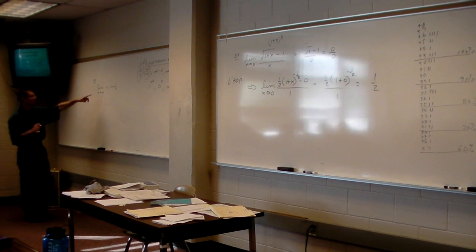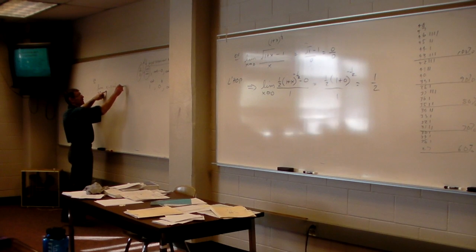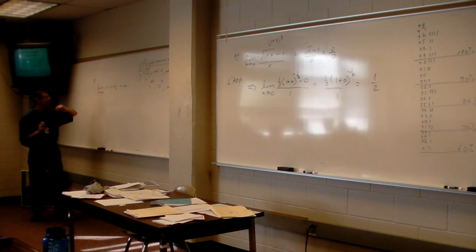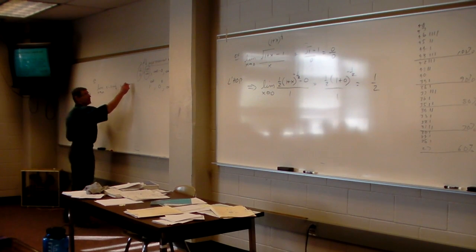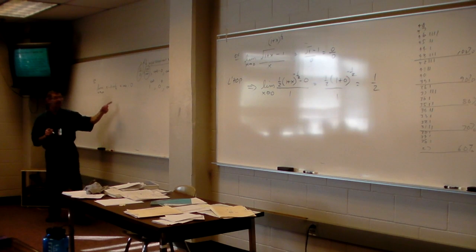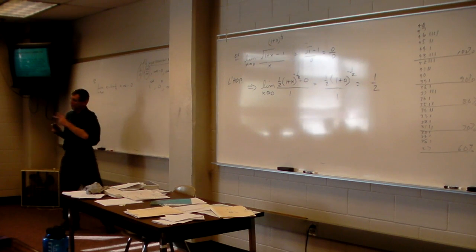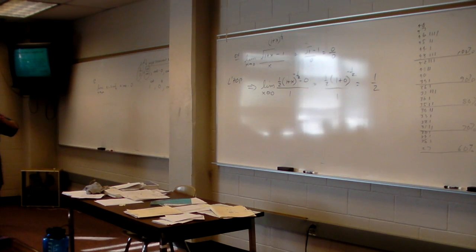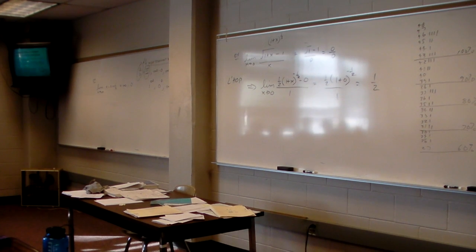So plug in infinity, and you get infinity times the sine of 1 over infinity, which is basically the sine of 0. What's the sine of 0? 0. That's an indeterminate form. You can't tell: is it going to infinity faster, or is it going to 0 faster? If it's going to infinity fast, then the answer is going to be infinity. But if it's going to 0 faster, it could be 0, or it could be anywhere in between.